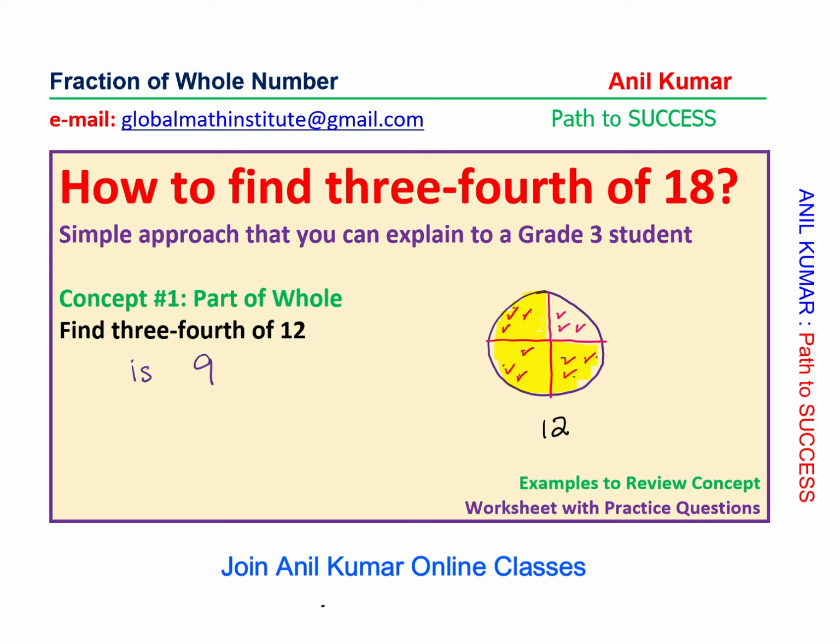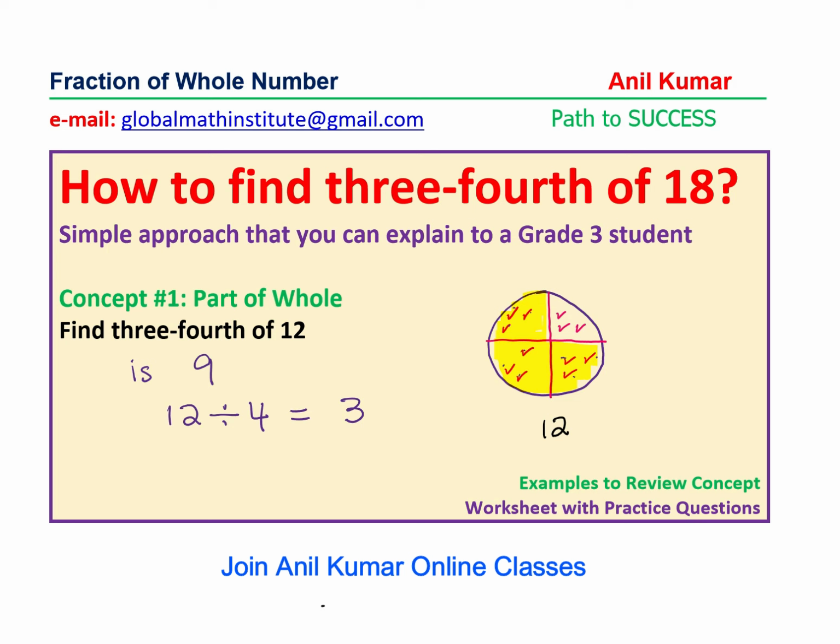Well, we distributed 12 into 4 equal parts. That means, first thing, we divided 12 by 4, correct? So when you divide 12 by 4, you get 3, because 4 times 3 is 12, right? Now, grade 3 students do know multiplication and division. So 4 times 3 is 12, therefore 12 divided by 4 will be 3.